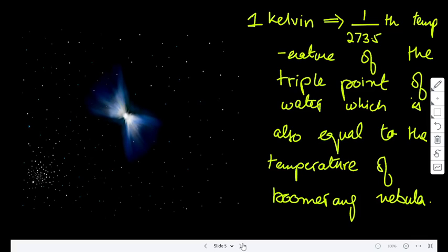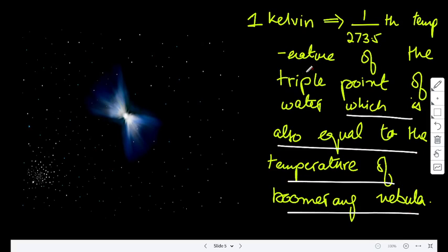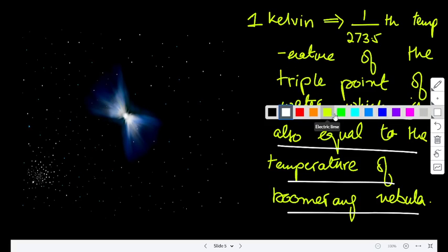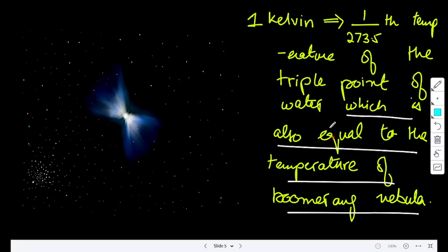Now 1 Kelvin. 1 Kelvin is 1/273.5 of the temperature of the triple point of water, which is also equal to the temperature of the Boomerang Nebula. First of all, what is the triple point of water? Triple point of water is such a temperature at which ice, water, and steam exist together.